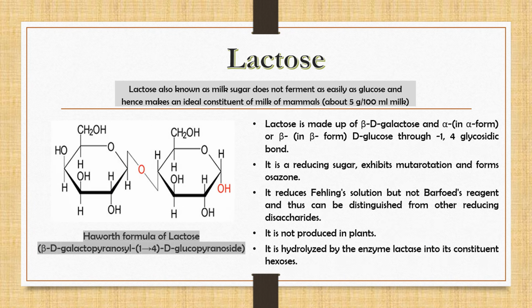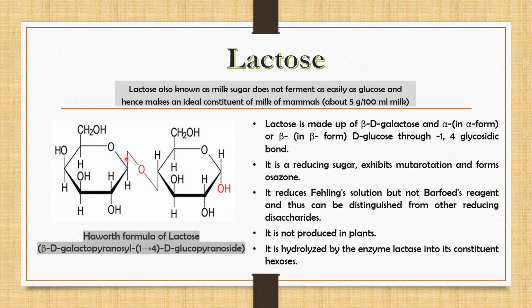Lactose, also known as milk sugar, does not ferment as easily as glucose and hence is ideal as a constituent of milk of mammals. In the case of lactose, the constituent monosaccharides are galactose and glucose.